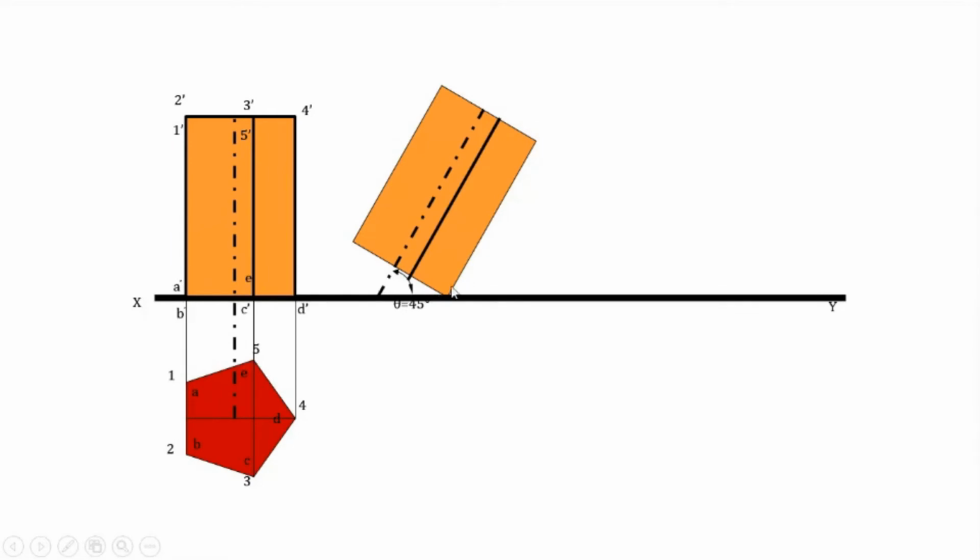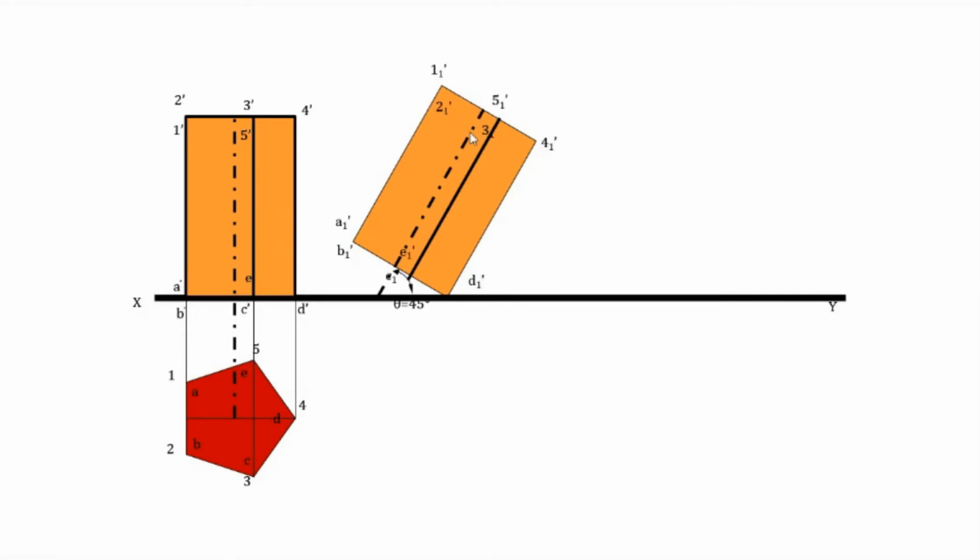This line as well as this line, these two lines should be perpendicular, and this length should be the same as this length, which will be difficult. So the best way is, first you draw D dash 4 dash, then you complete the rectangle, and once you complete the rectangle, then you can go for this axis.